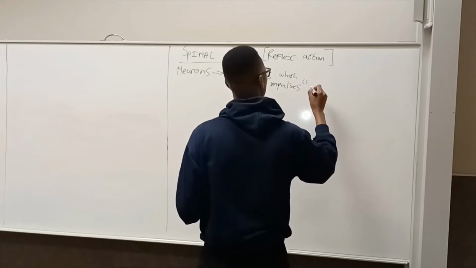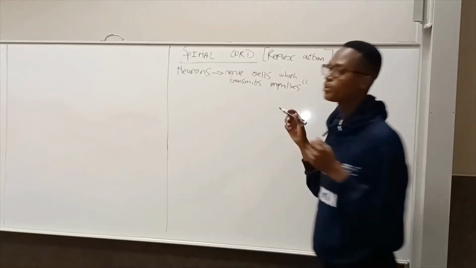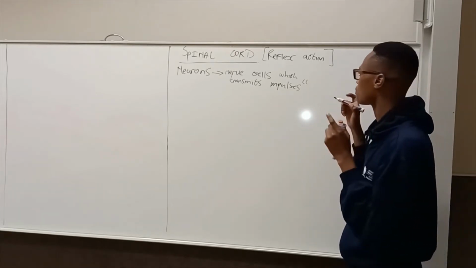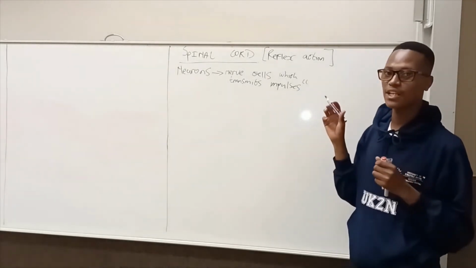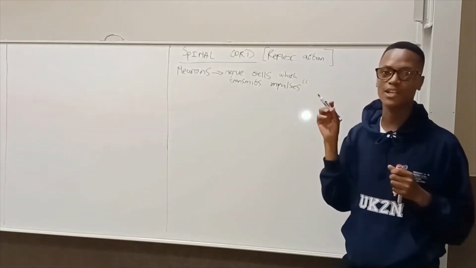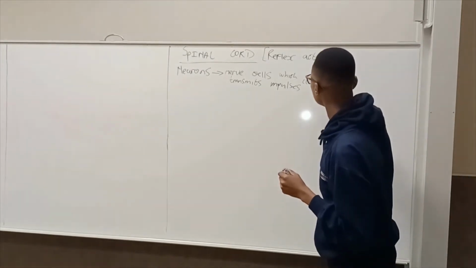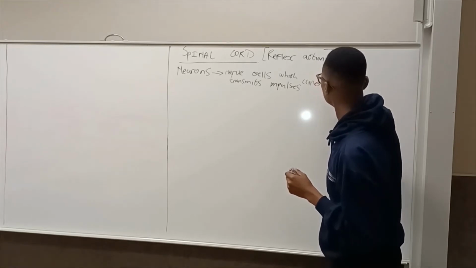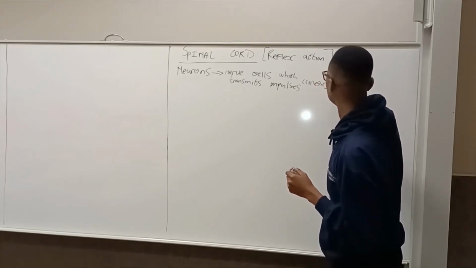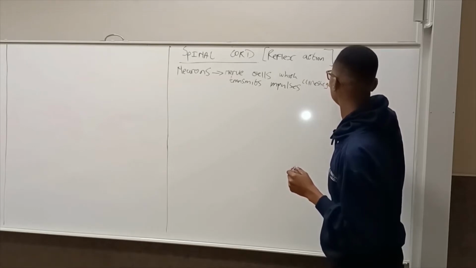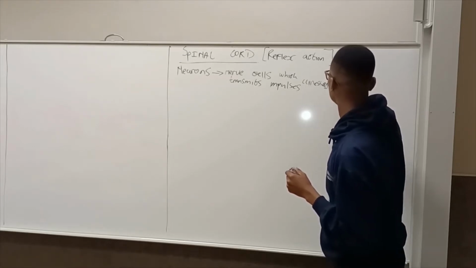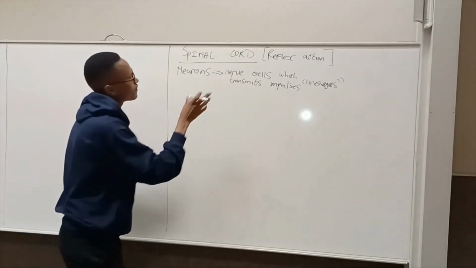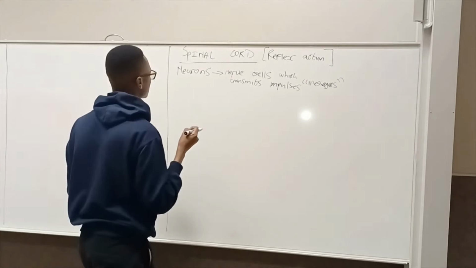Impulses are messages, but you are not allowed to use the word message, because this is neurological language, so we have to use specific terms. The impulses are the messages. So the neurons are the nerve cells, or the cells that transmit impulses.